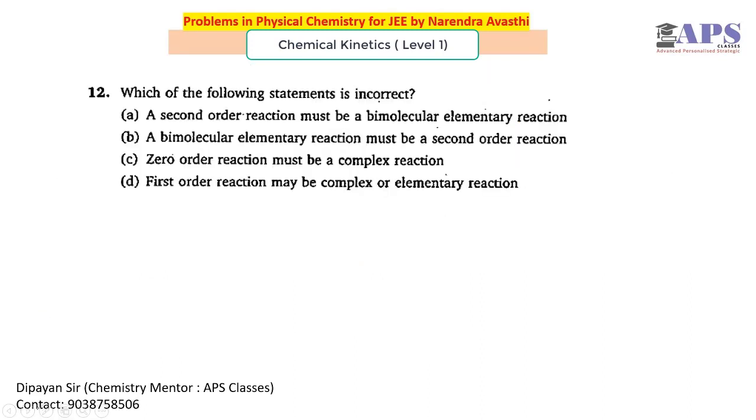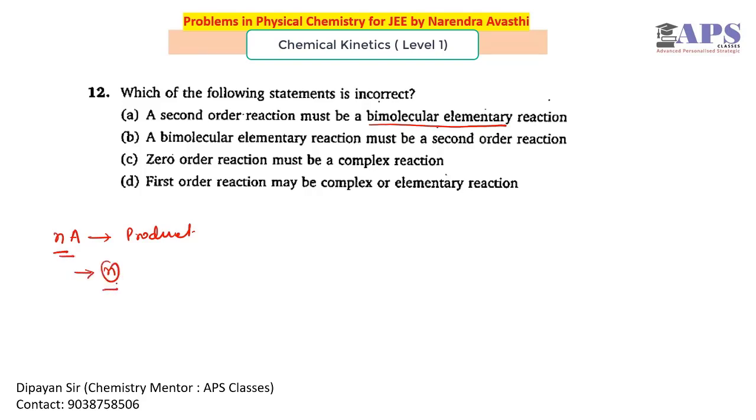Next, question number 12. Which of the following statements is incorrect? Thing is that a second order reaction should not always be a bimolecular elementary reaction, because any kind of reaction can be written as nA to product. If this is an elementary reaction, then the order of the reaction will become n.